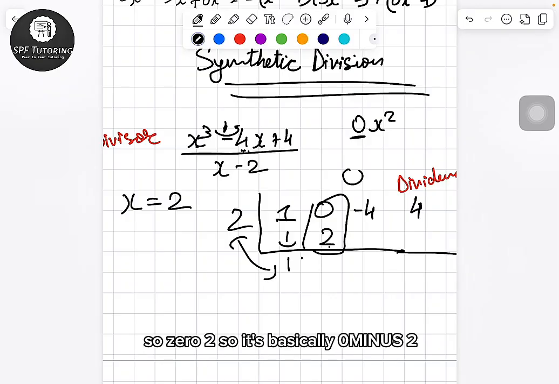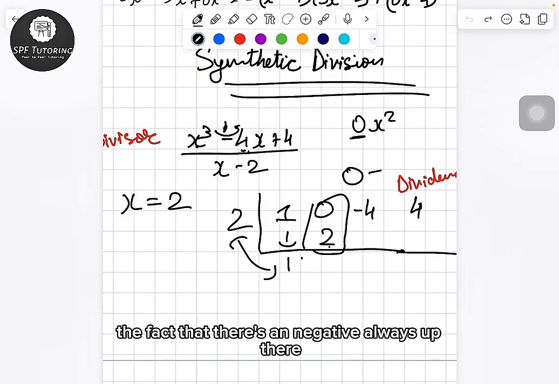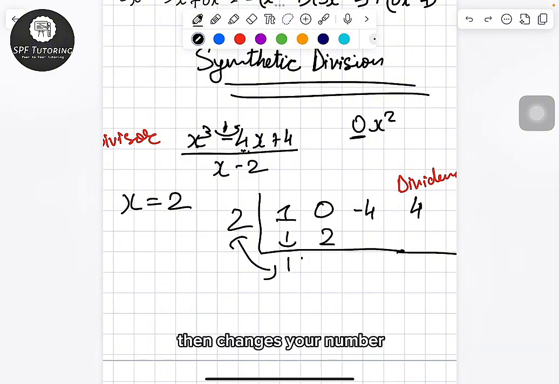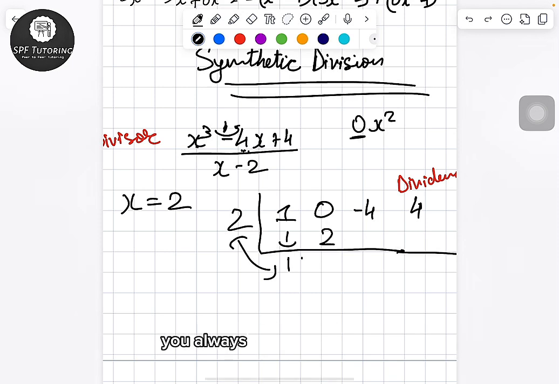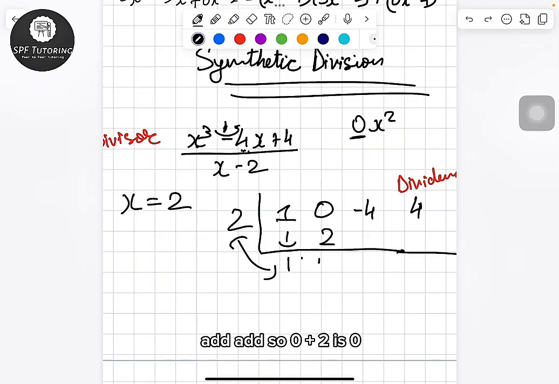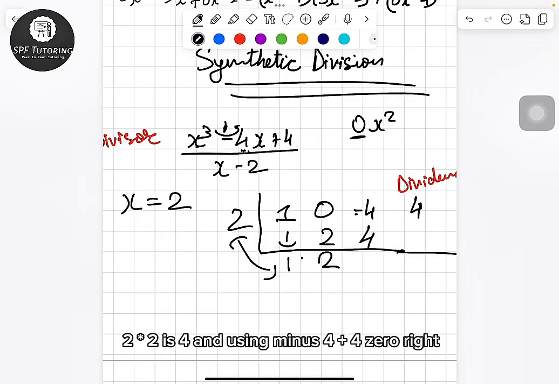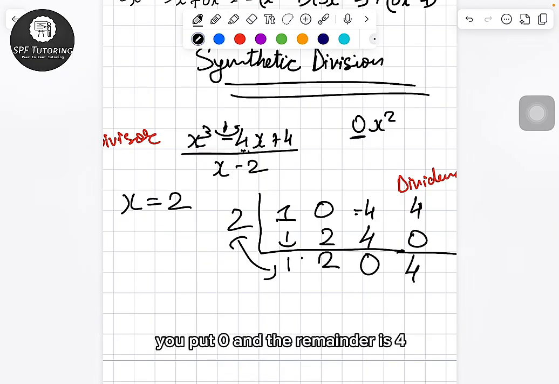So 0 plus 2 is 2. Actually, let me take my words back, you always add, it really doesn't matter. 2 times 2 is 4. And then minus 4 plus 4 is 0. 2 times 0 is 0, so put 0 and the remainder is 4.